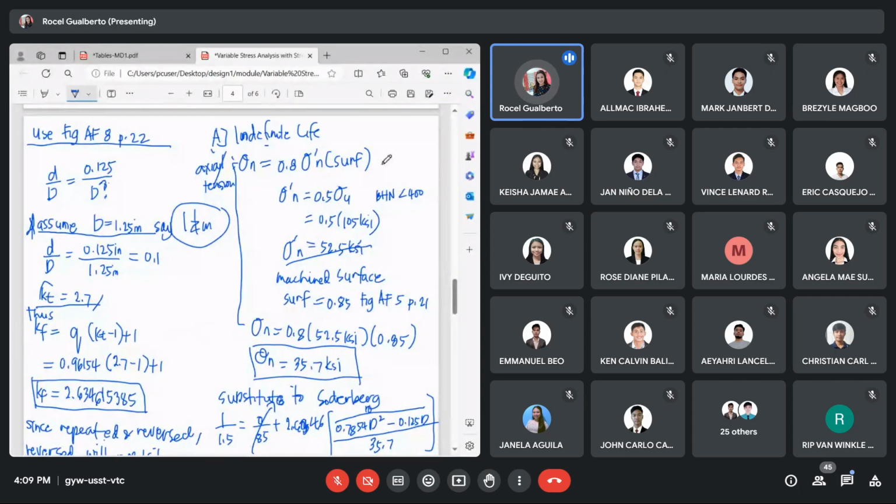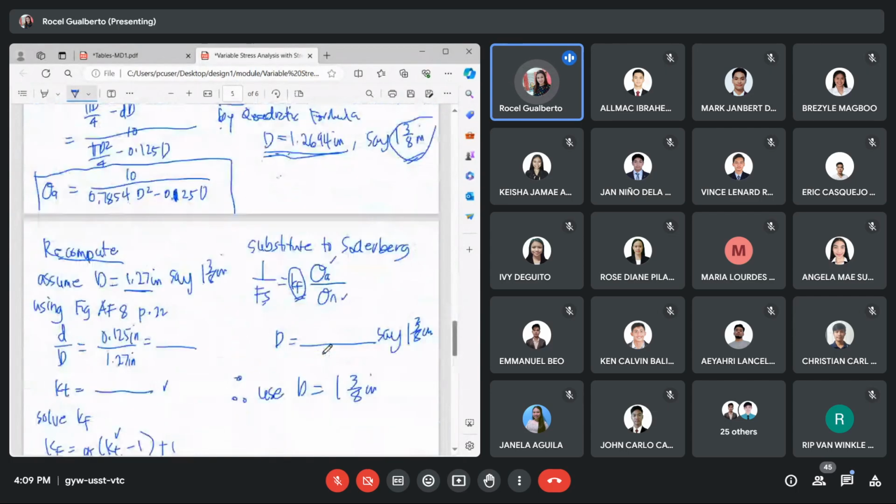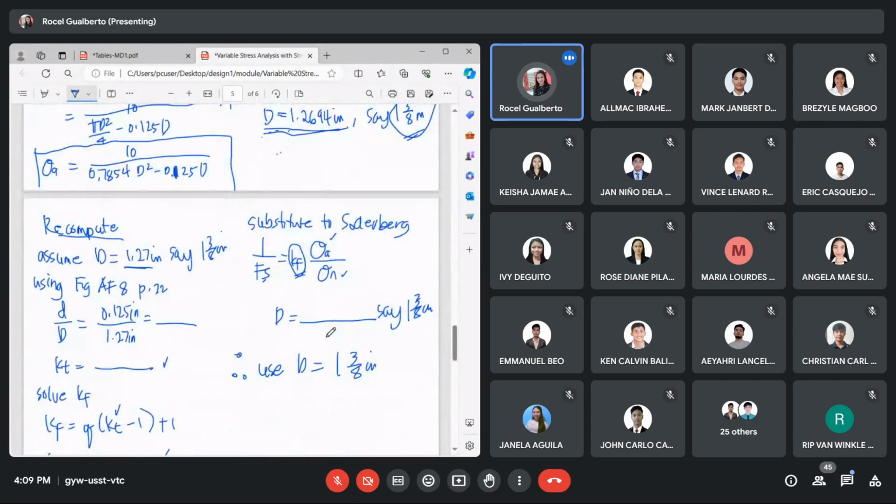Halimbawa po, kung gumamit ka ng size factor doon, mababago 'yung sigma n mo, kasi magre-recompute ka ng sigma n. So ang mababago mo ngayon ay dalawa: 'yung KF at saka 'yung sigma n, kasi may size factor kang ginamit, kung hindi siya pumasok doon sa range na 0.5 up to 2 inches.